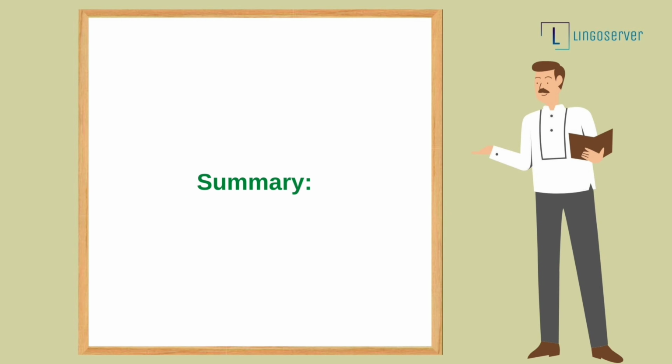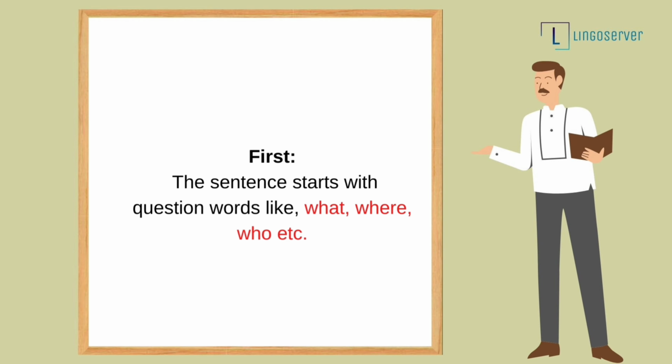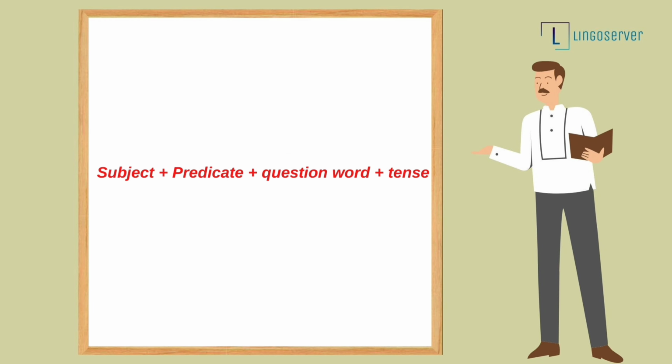Summary. What we learned till now is that there are two kinds of interrogative sentences. First, the sentence which starts with question words like what, where, who, etc. and its structure will be subject plus predicate plus question word plus tense.